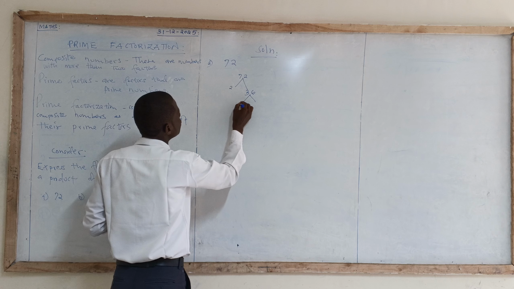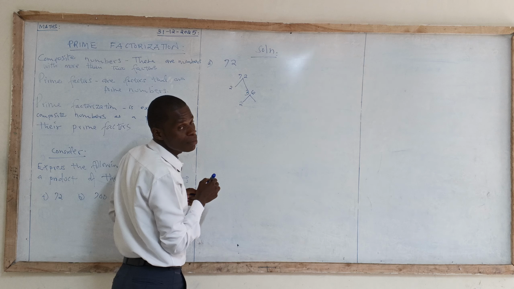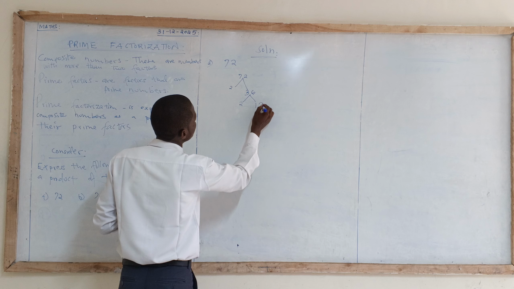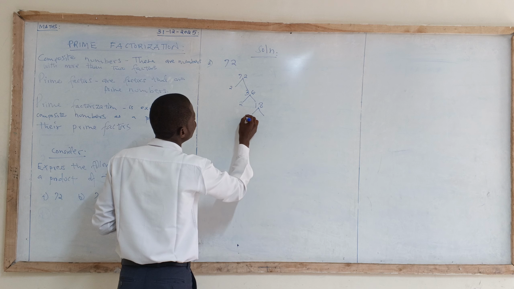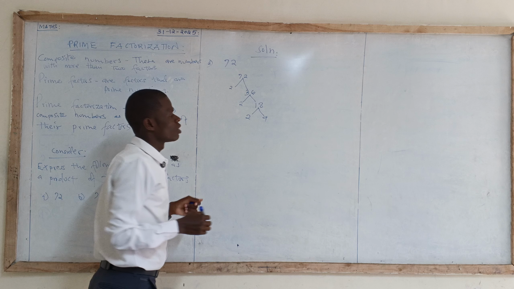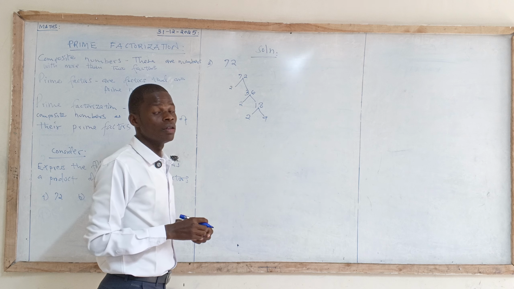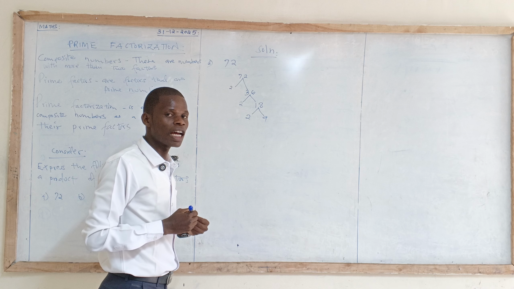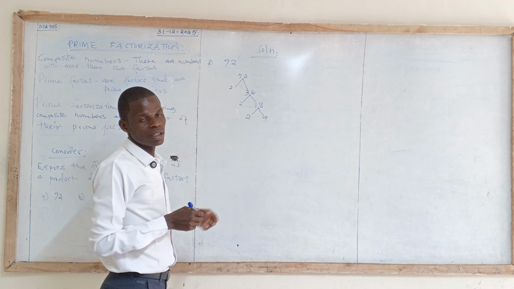2 divided into 36 gives 18. 2 can still divide this. 2 divides 18, giving 9. Now, can 2 divide 9? No. Is 9 a prime factor? No. Which number can divide 9?